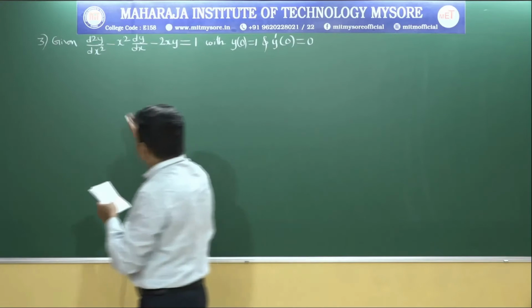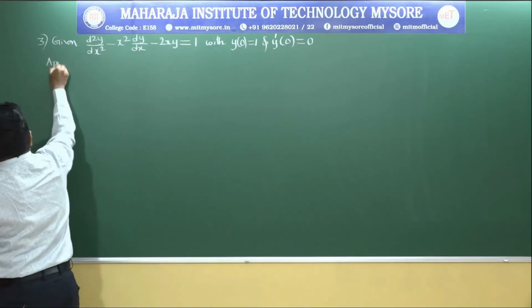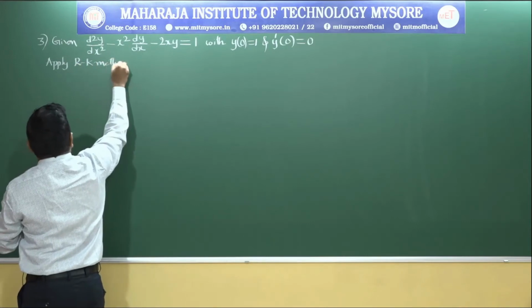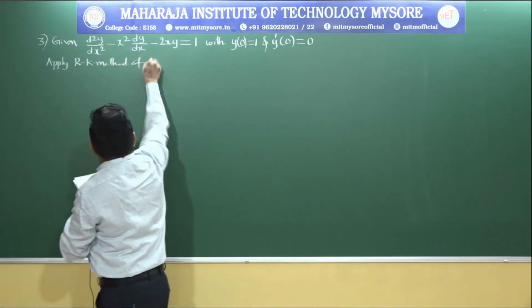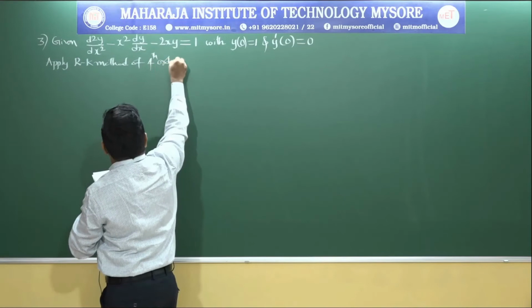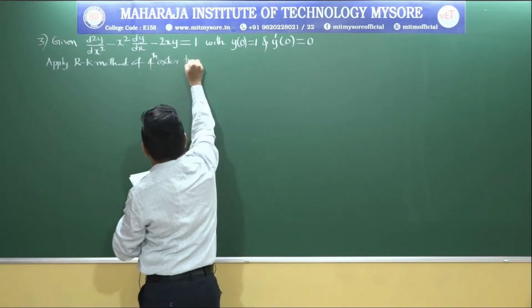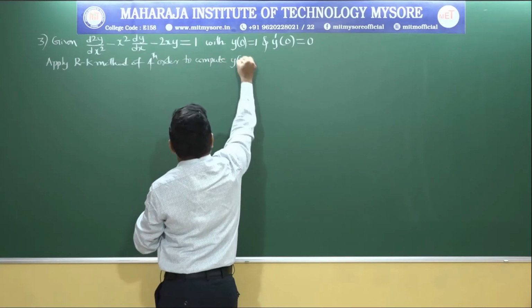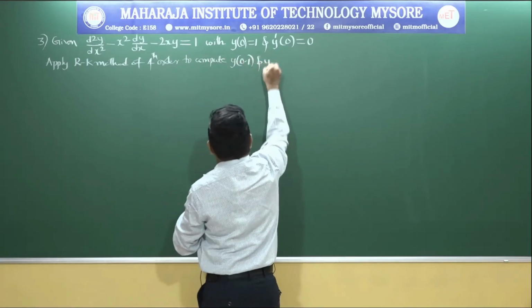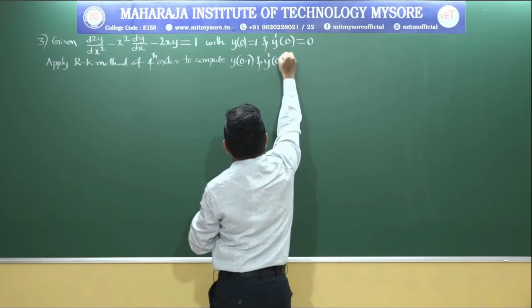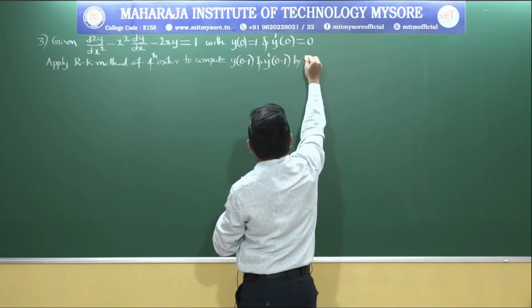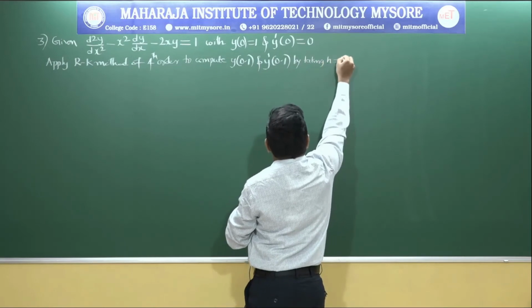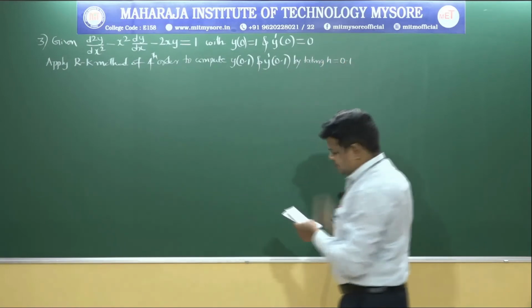Apply RK method of fourth order to compute y of 0.1 and y dash of 0.1 by taking h equals 0.1.